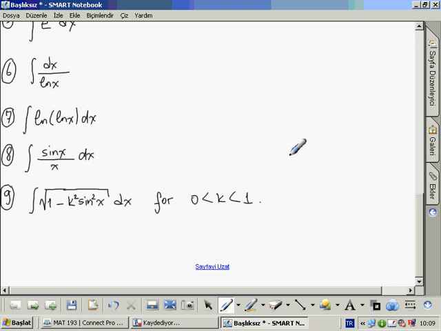And the infinite series is a power series of the integrands.